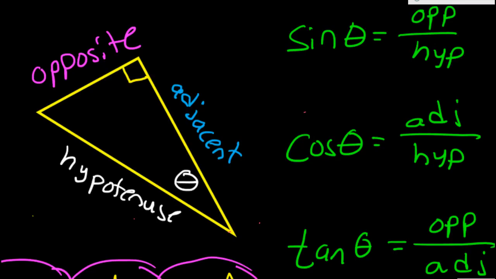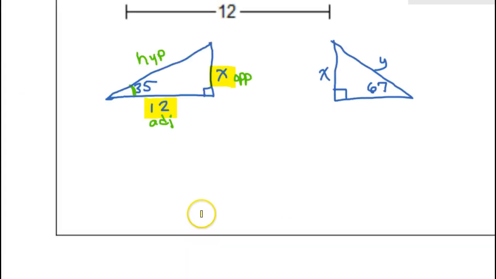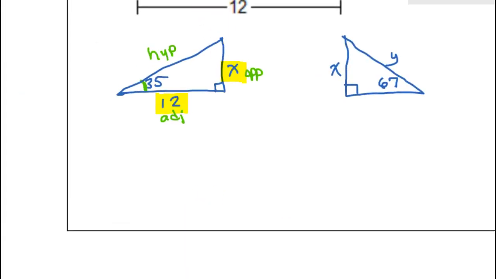Which trig function is that? That's the tangent function. So that's why to solve this problem we will be doing the tangent function. So we will say tangent of 35 is equal to opposite over adjacent. When the variable is on the top, that's when you multiply both sides by the denominator.